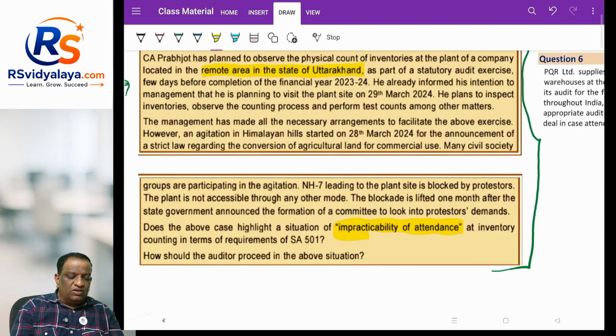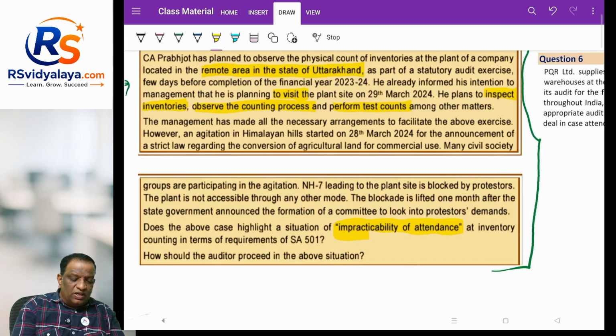Then, as a part of the statutory audit exercise, a few days before the completion of the year, he informed the management of his intention to visit, because attendance is mandatory. He plans to inspect the inventories, observe the count process and perform test counts. That is what an auditor should do.